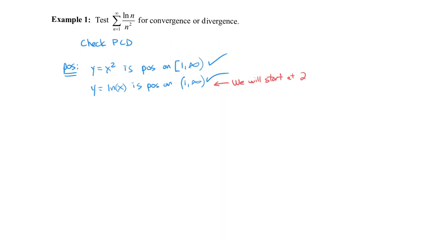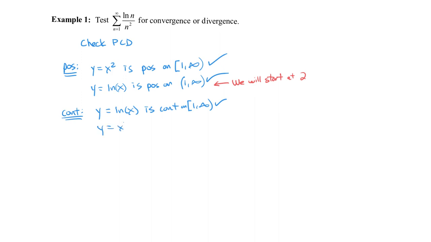So now let's go right in order, I guess. See if this is continuous everywhere we need. We can do this in parts again. Y equals, I'll just do the numerator, y equals natural log of x. The natural log is continuous on this interval, continuous on 1 to infinity, so that's good.